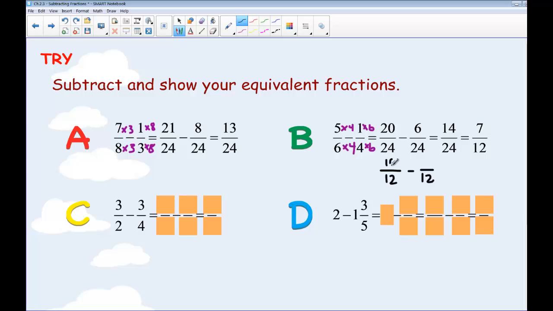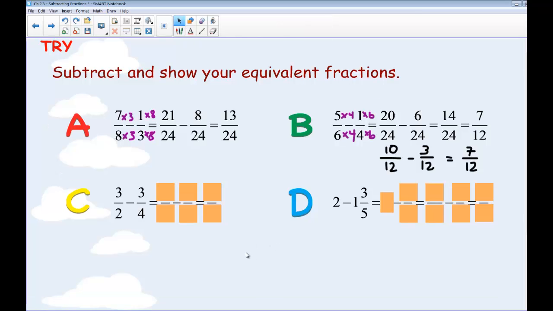It would have been 10. The 4 here, we would have had to triple it, so it would have been a 3. So you can see, if we subtracted the numerators, we would have had 7 over 12. Works out to exactly the same answer either way. Okay.